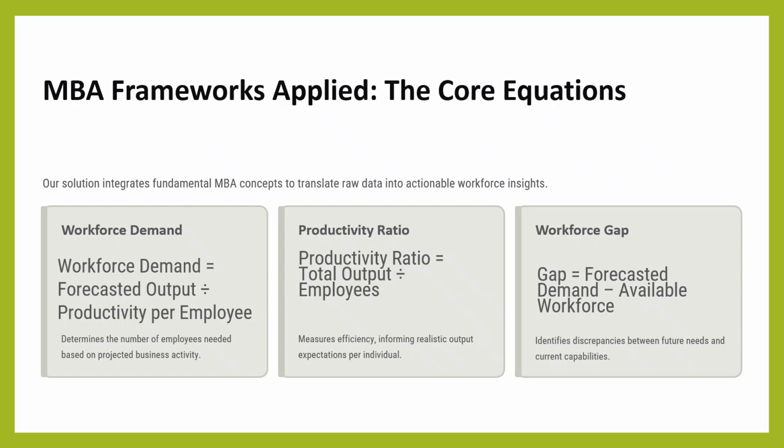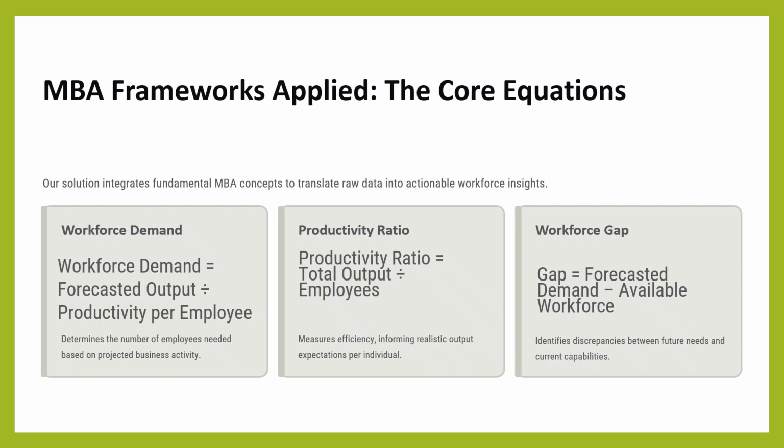MBA concepts and frameworks used. To solve this challenge, we applied core MBA frameworks that connect workforce planning with operational and financial strategy. 1. Workforce demand formula. Required manpower equals forecasted output divided by productivity per employee. 2. Productivity ratio. Productivity per employee equals total output divided by employees. 3.